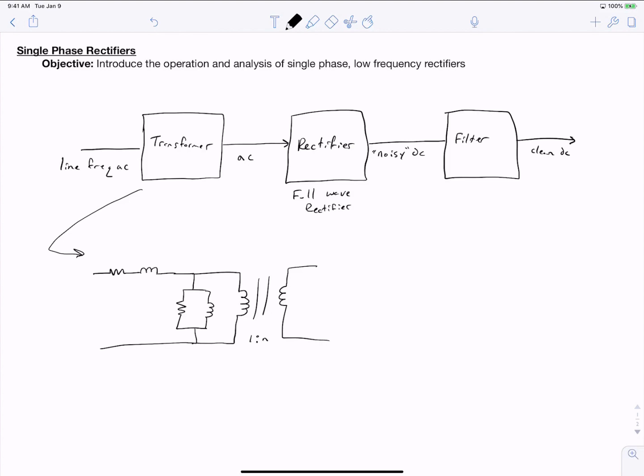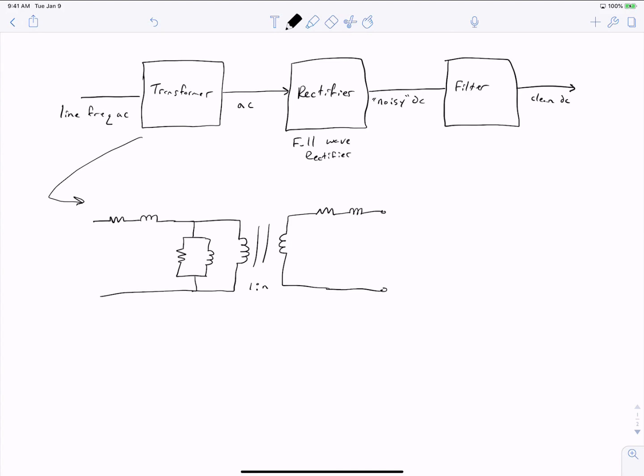And on the secondary side, you've got your winding resistance and leakage inductance again. So this equivalent circuit is still too complicated for the type of analysis that we want to do. And so let's focus on the section that we care the most about, which is this right here.